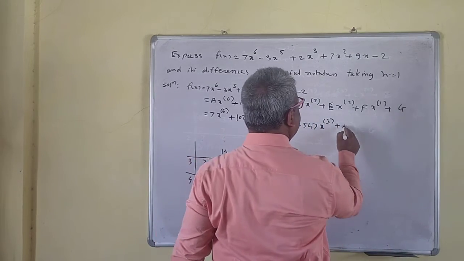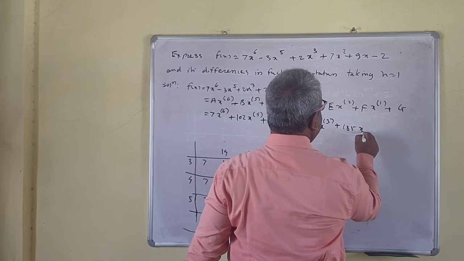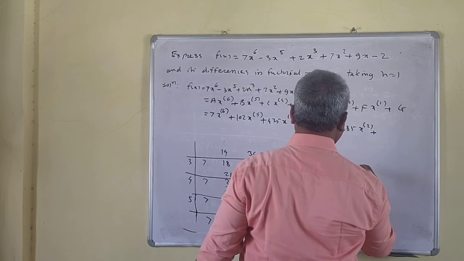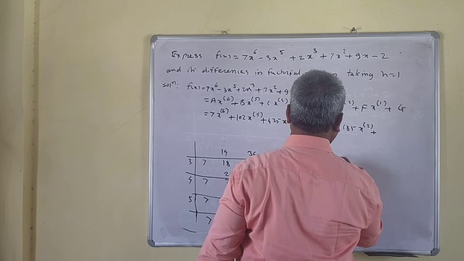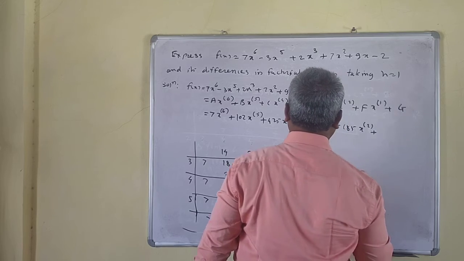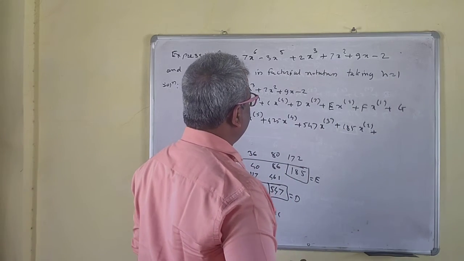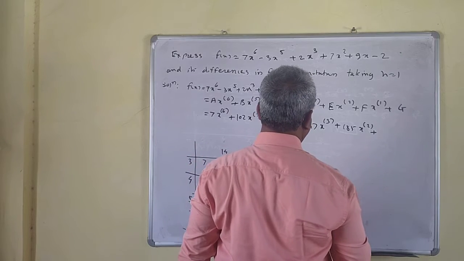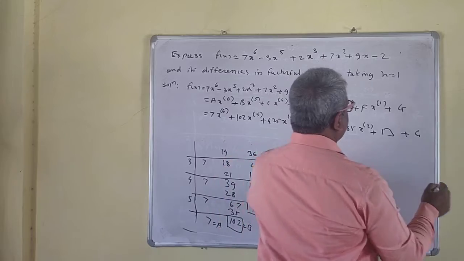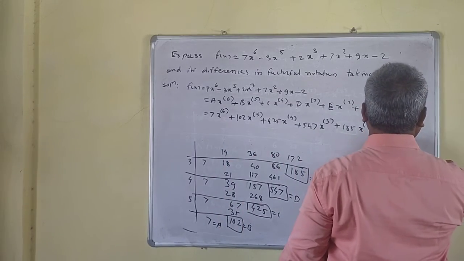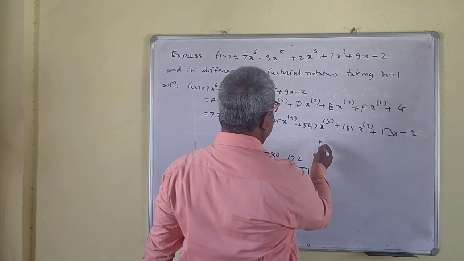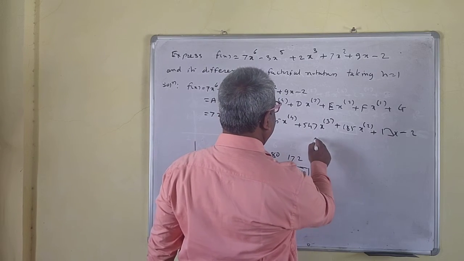plus E 185 x to the power 2 plus, what is F? So for F, whatever the value of F, just you write. The value of G is minus 2. Okay, so here what I have missed is this, this is 13.